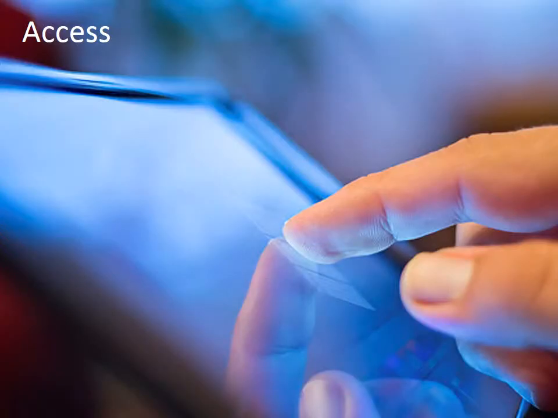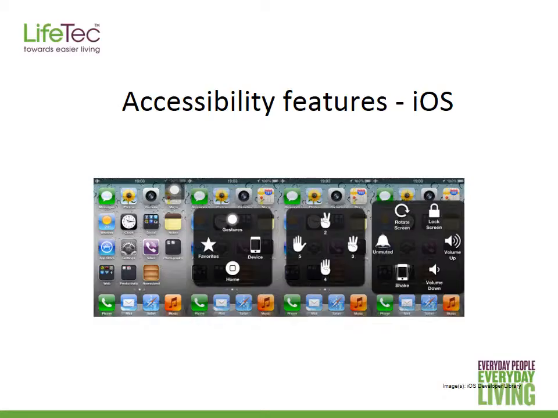So all of the devices are touchscreen, which can be difficult for people with poor fine motor control. So assistive touch is a feature on the iPhone or iPad, which allows the user to tap these symbols instead of having to use the buttons on the side. So you can also customize your own gestures.